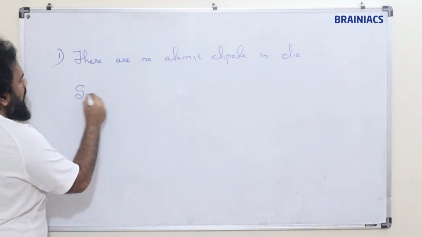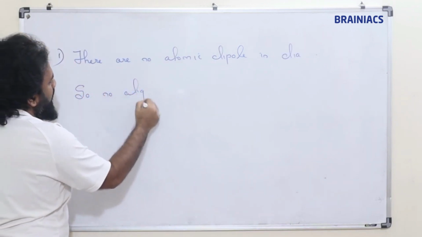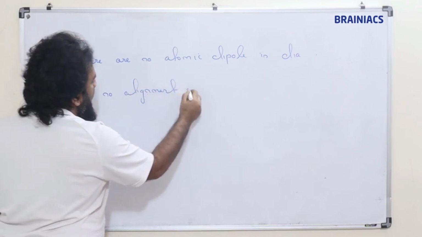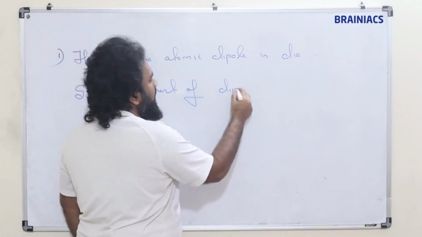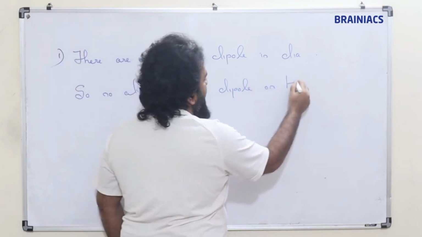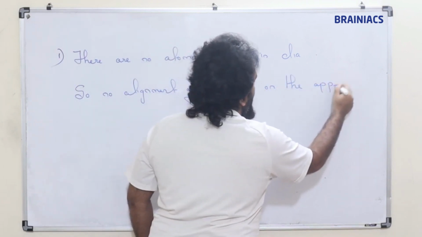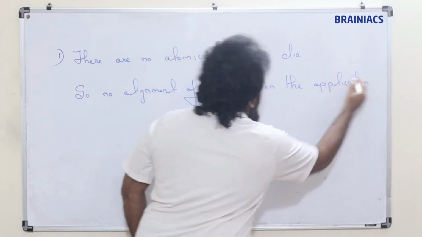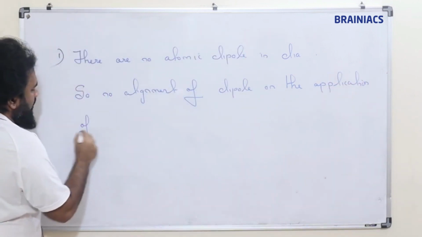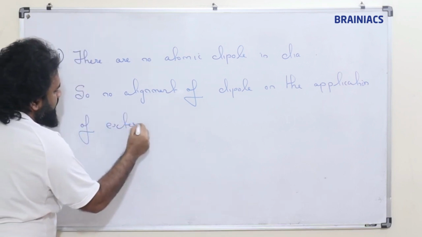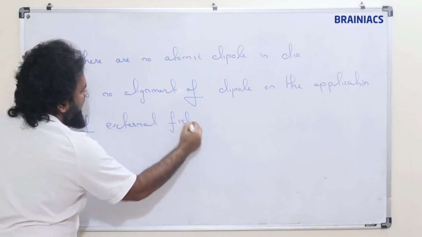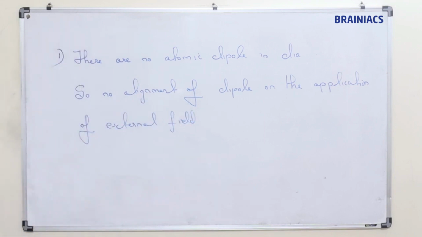So no alignment of dipoles on the application of external field. So this is the first property: no atomic dipoles, and there is no alignment of dipoles also. Please note it down. Okay, clear?